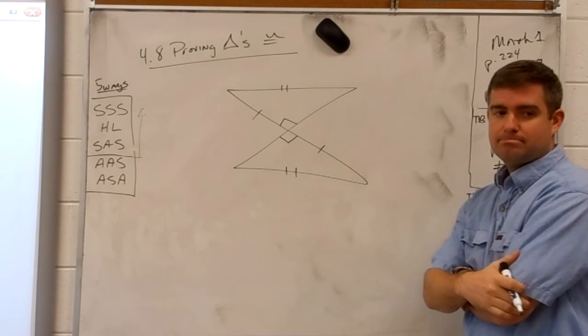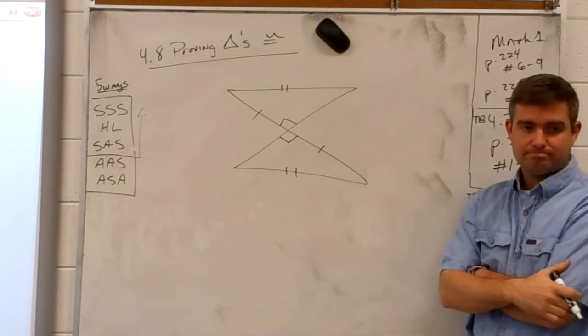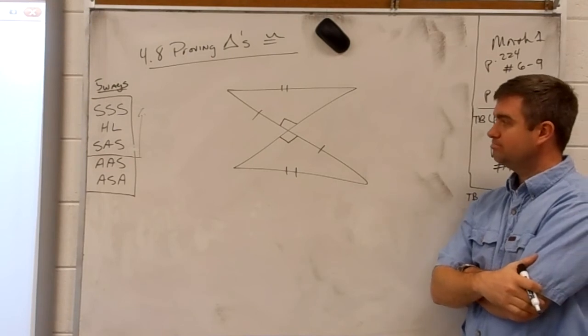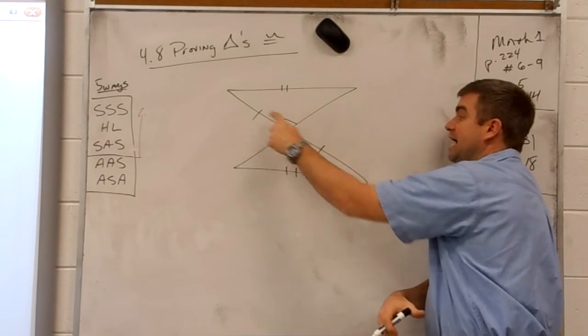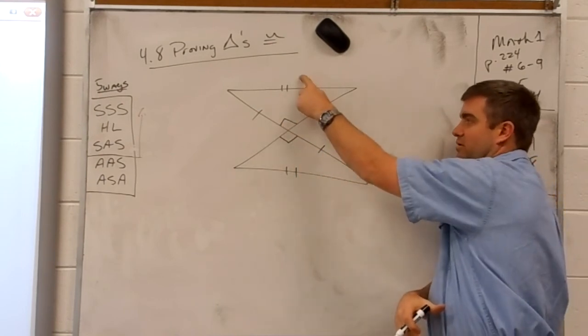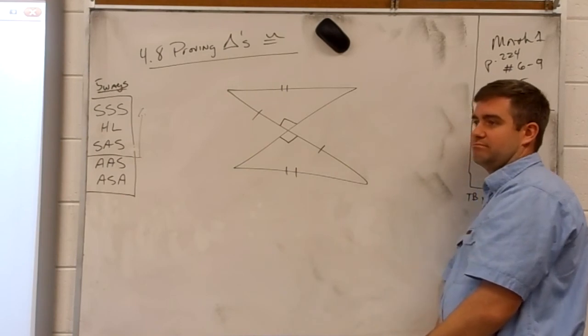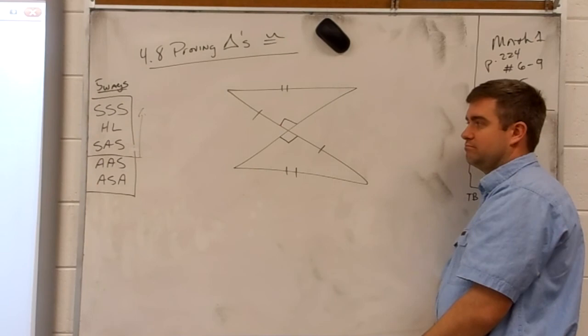And then also, you know that 1 and 1 are congruent because it says so, and 2 and 2 are congruent because it says so. This side is congruent to this side, and that side to that side. You could do side... No, you could do hypotenuse-leg, and that's how you can figure it out.